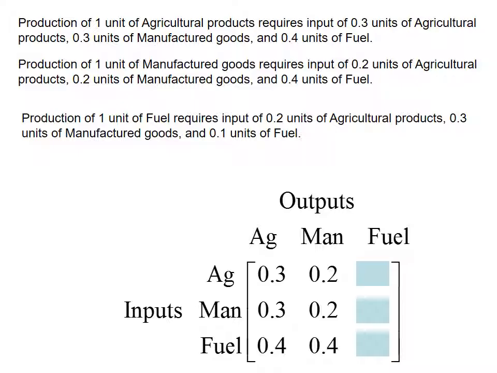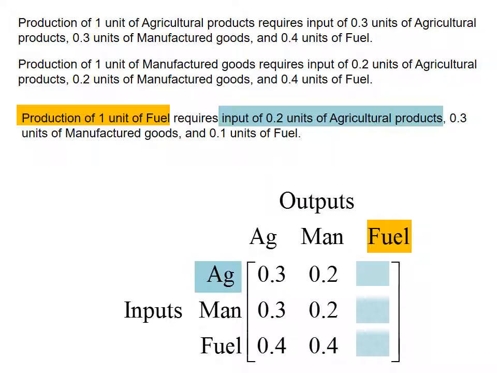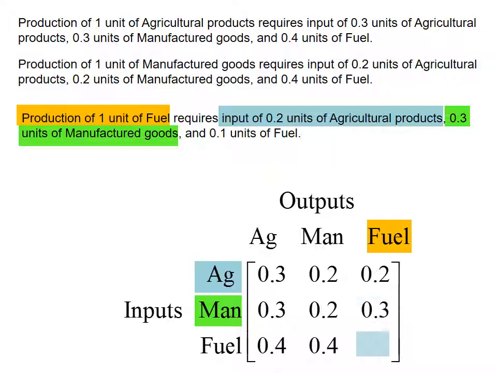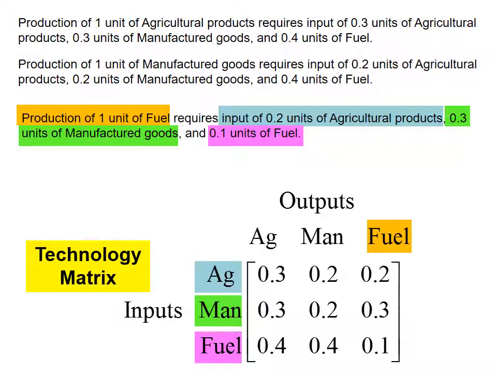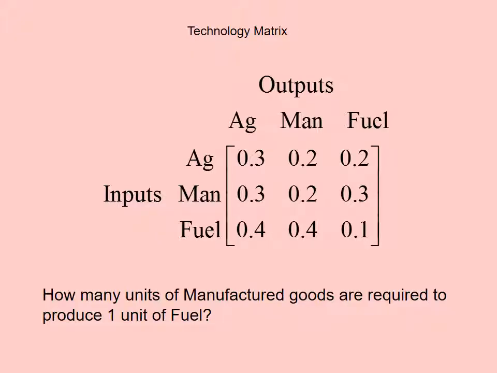And the last sentence tells us the production of fuel, third column, takes an input from agriculture of 0.2, an input from manufacturing of 0.3, and an input from fuels of 0.1. There's our technology matrix.